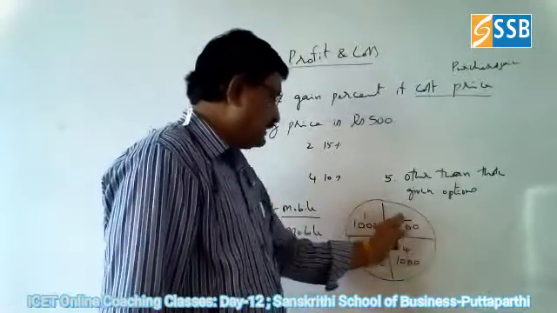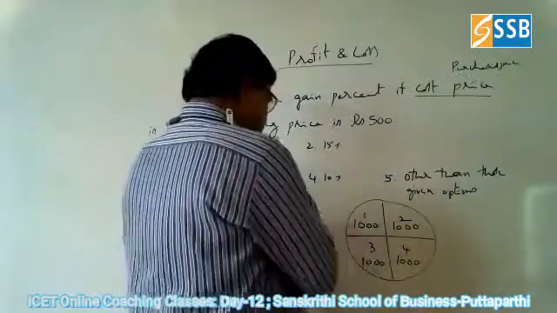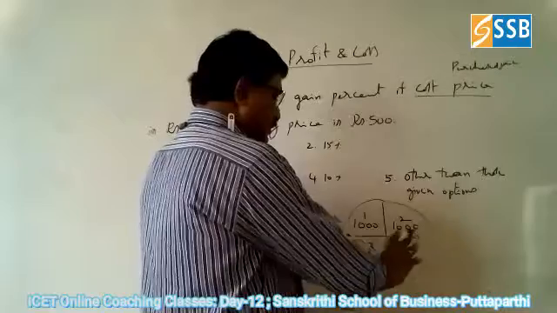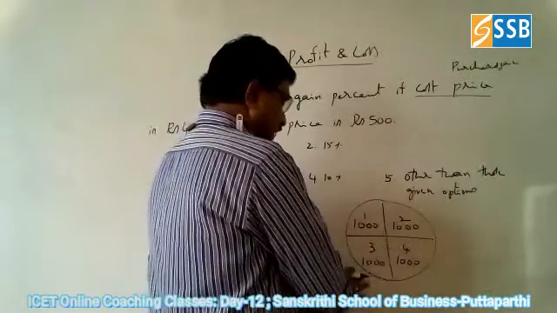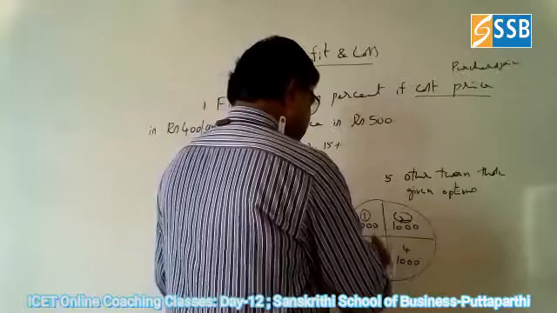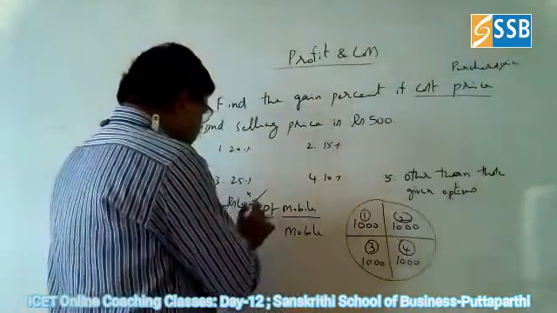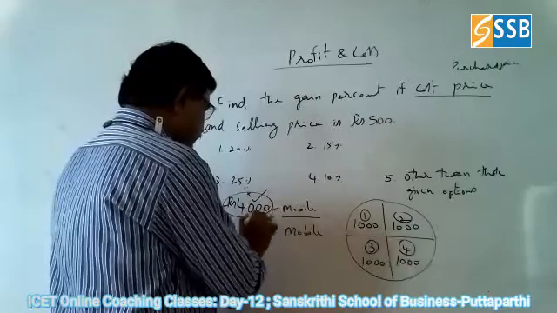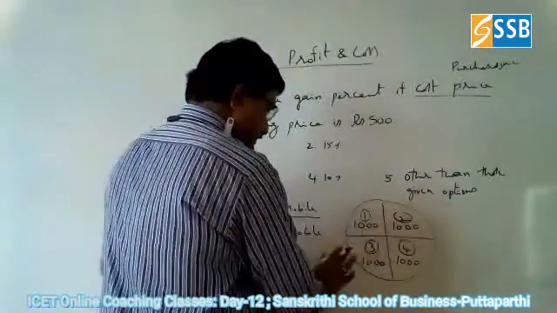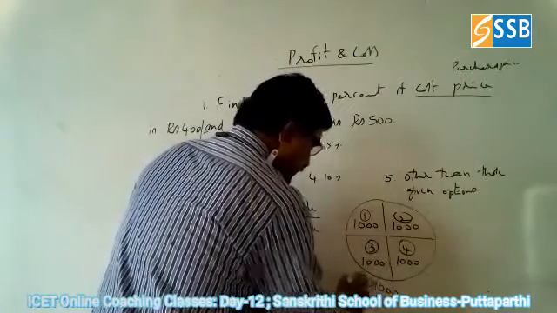First part, second part, third part, fourth part. So he sold for 4,000, which is 4 parts, plus he added one more part. You can call it the fifth part.